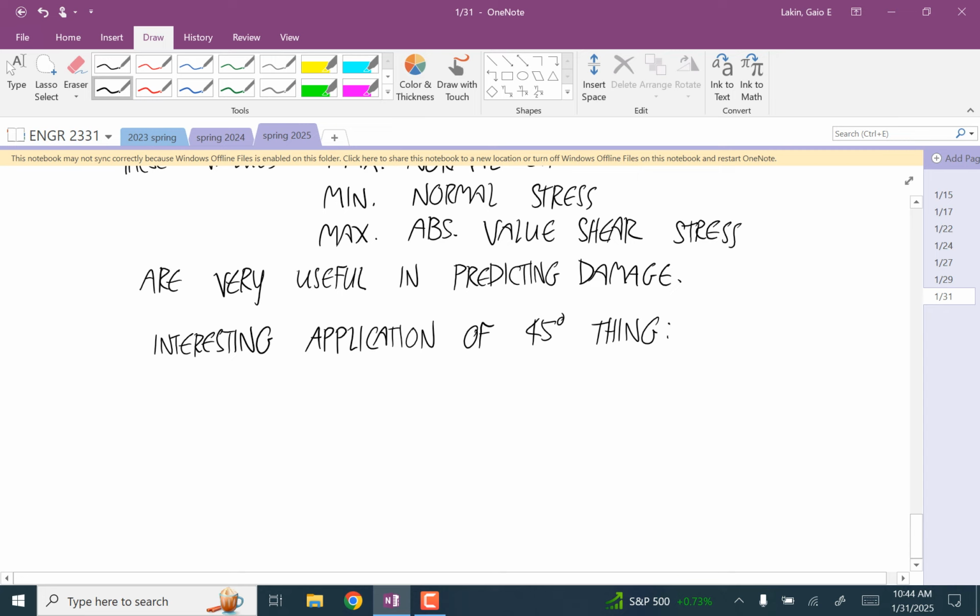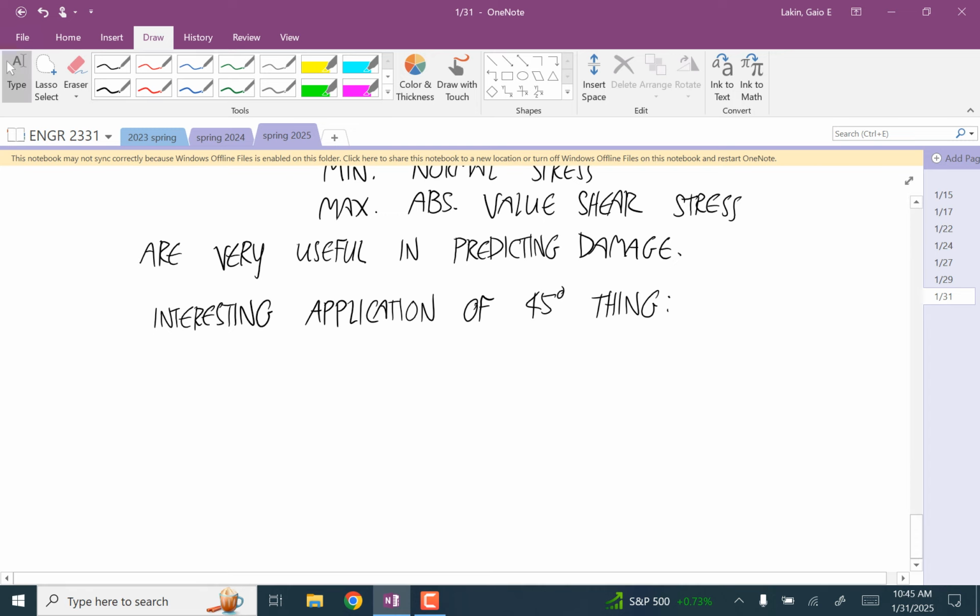Wood and bone are two things that are not isotropic. They have different behaviors in different directions. They're called orthotropic. They have certain behavior according to the grain one way, certain behavior according to the grain the other way. And they're both relatively brittle. And that makes them susceptible to shear stresses. So if they break, it's usually going to be because of shear.